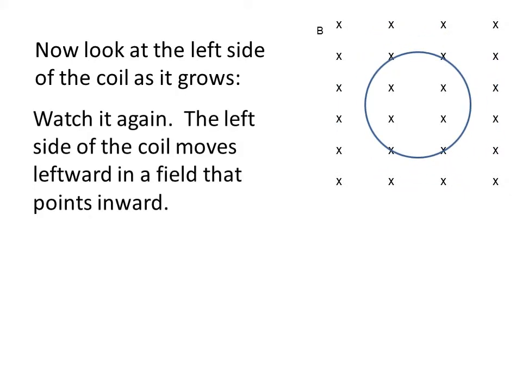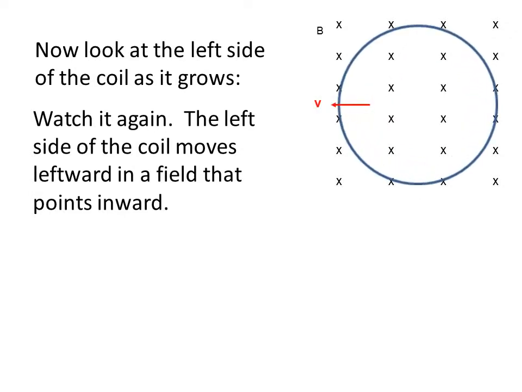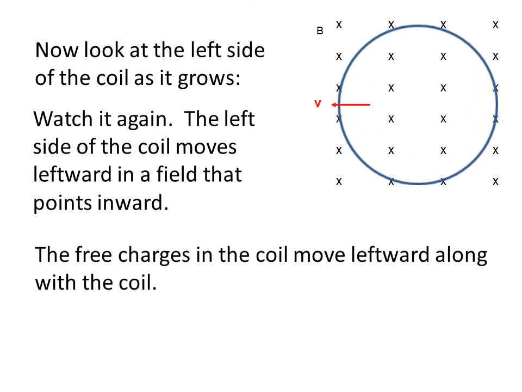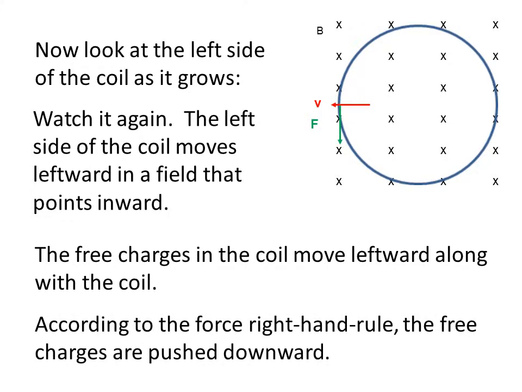If you watch it again, you see the left side of the coil moves left. In the field that points in, the free charges in the coil move to the left along with the coil. Those free charges should be pushed down by the magnetic field because those charges are moving.